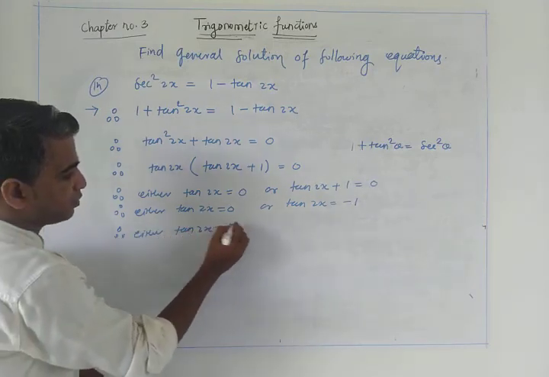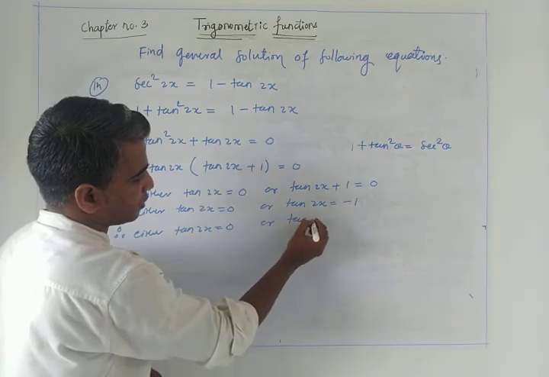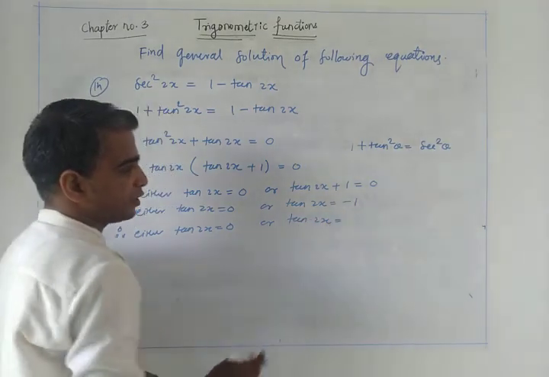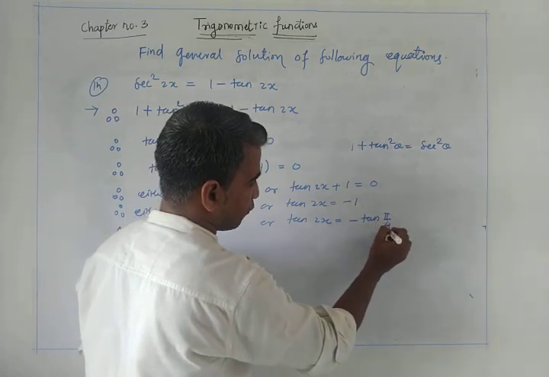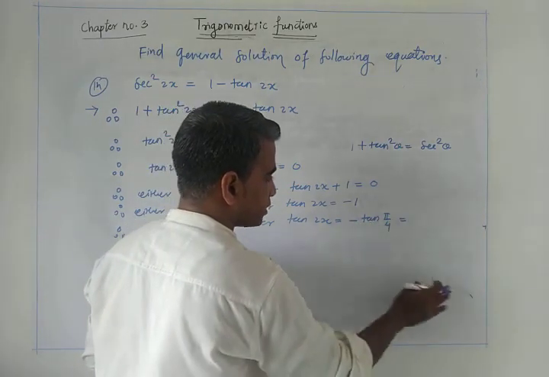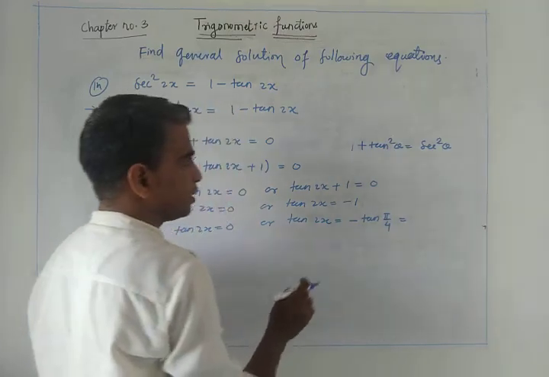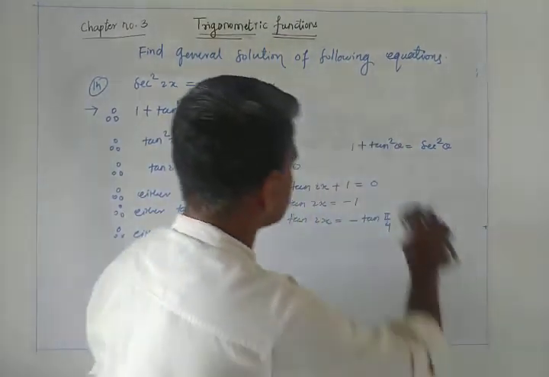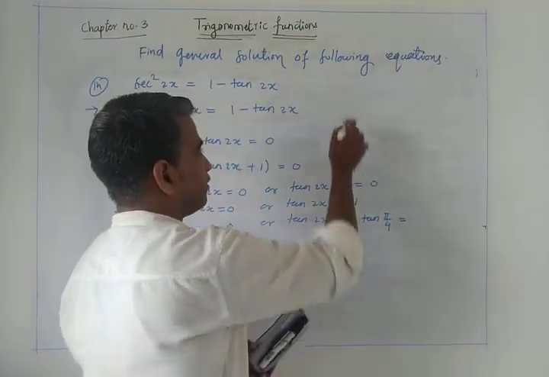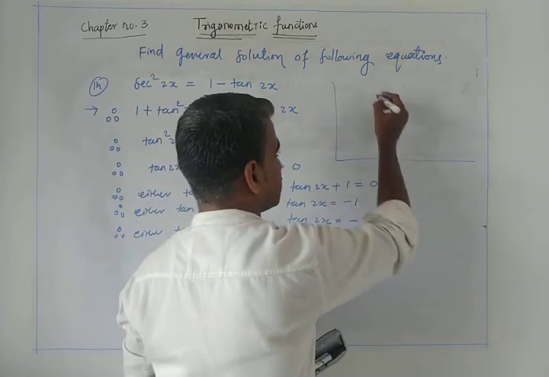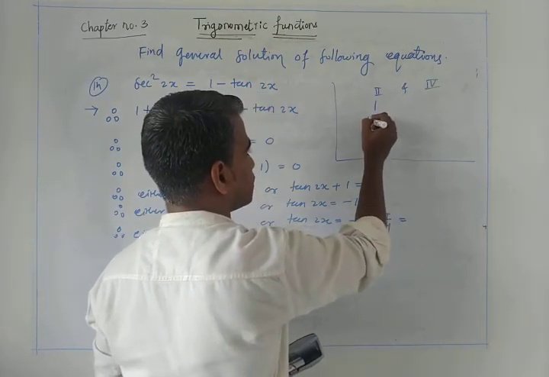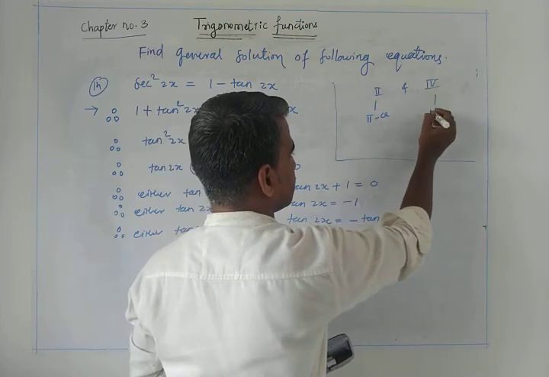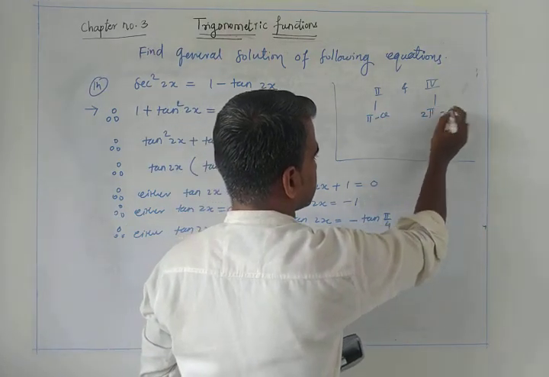So tan 2x is equal to 0 or tan 2x is equal to minus 1, which can be written as minus tan pi by 4. Now we have to absorb the minus sign. Tan is negative in the second and fourth quadrants, so we use either pi minus theta or 2 pi minus theta.